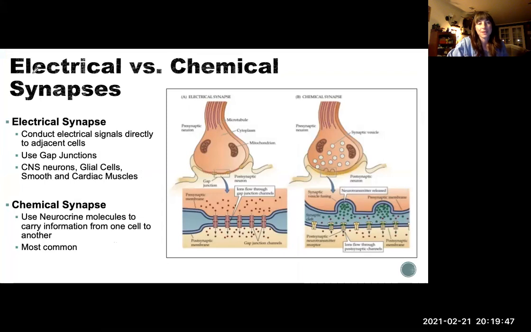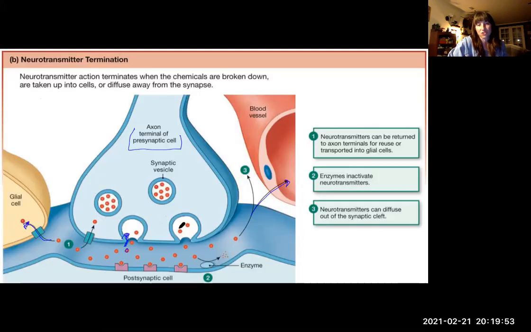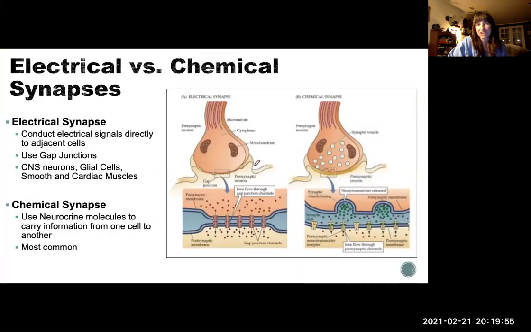Okay, so these synapses can be chemical, which we just described, but they can also be electrical, which is kind of interesting. So electrical synapses, they're relatively rare. They're not terribly well understood at this point, but basically, instead of there being a synaptic cleft or a gap in between the presynaptic and postsynaptic neurons, you have the two bound together by gap junctions.